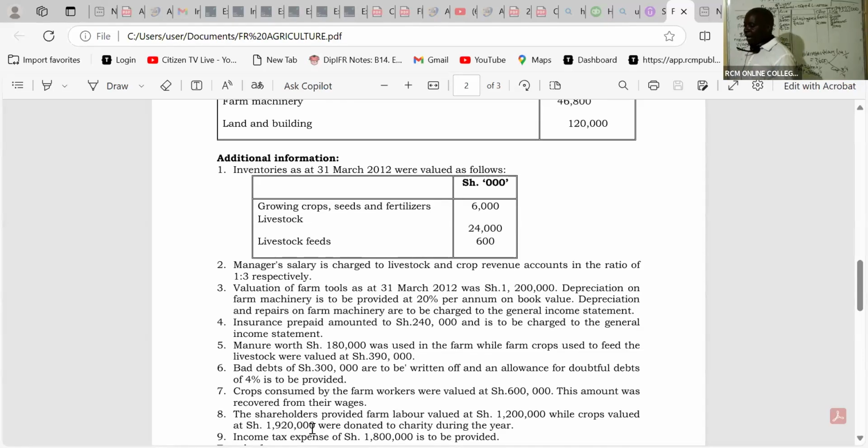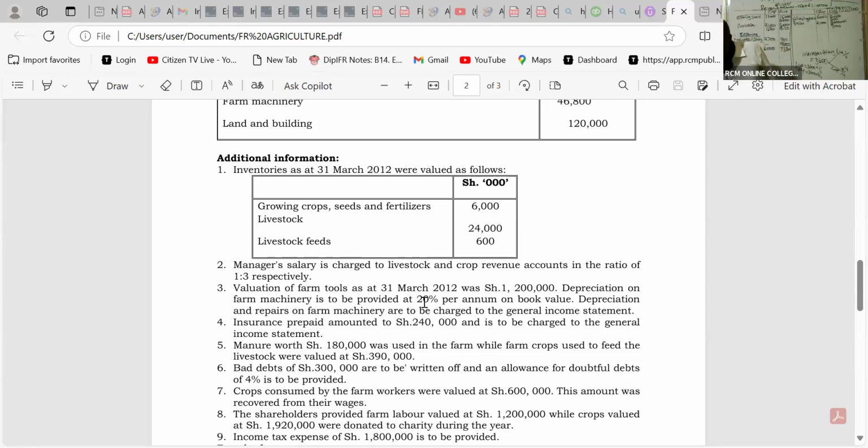Additional information 1, I've been able to take care of that. Note 2, I've taken care of it to apportion manager salary. Let's look at note 3. Valuation of farm tools as at 31st March 2012 was 1.2 million. Depreciation on farm machinery is to be provided at 20% per annum on book value.